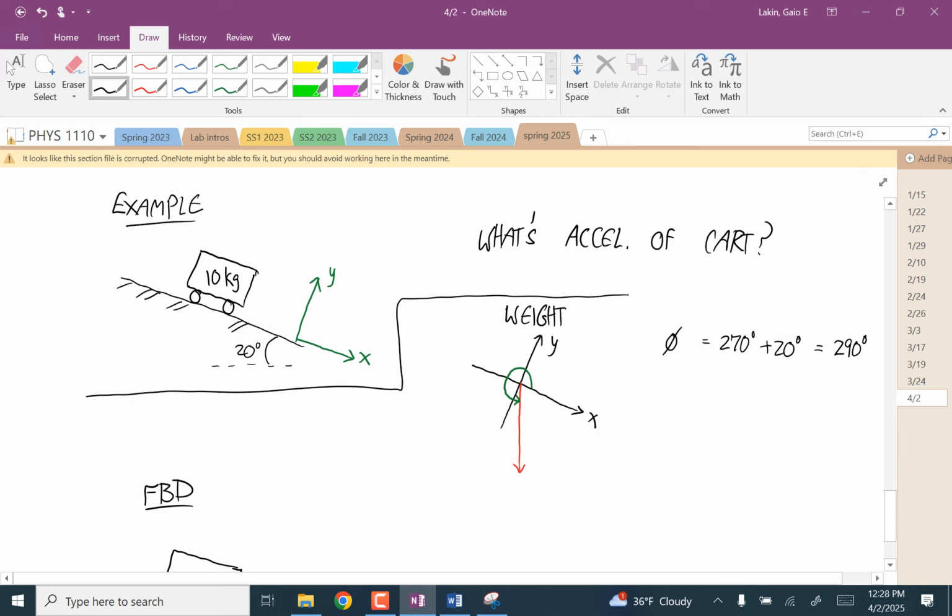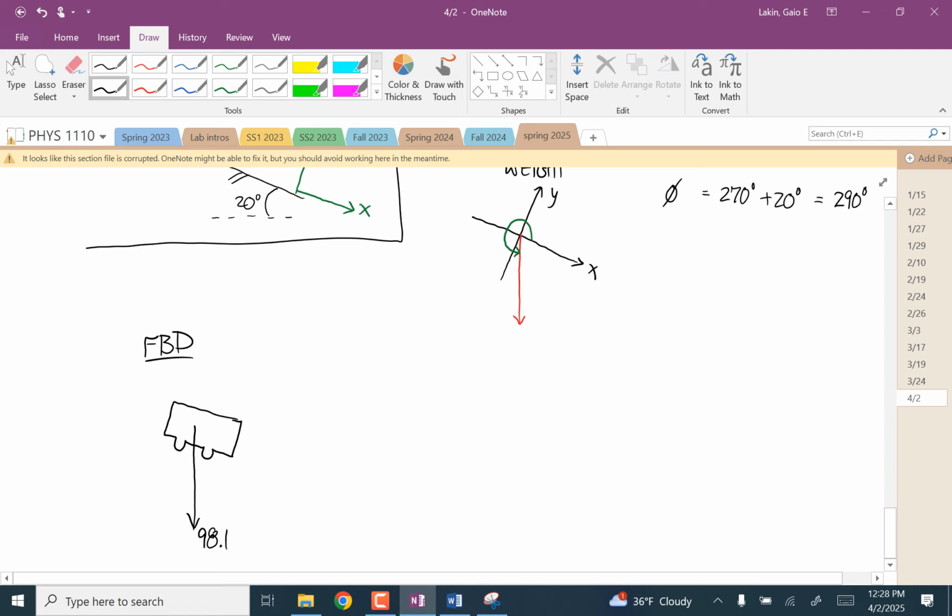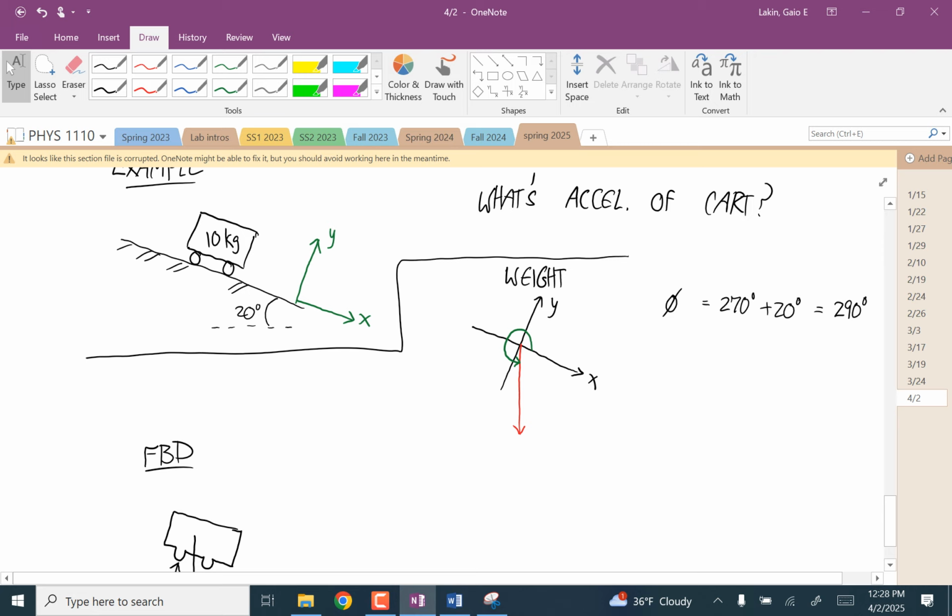Now go around the boundary looking for contact. There's a pushing contact with the surface. That's perpendicular to the surface toward the chosen body. So there's the normal force. I tried to draw these carefully so you could see that those are not parallel to each other. And there's no other contact, so that's it.